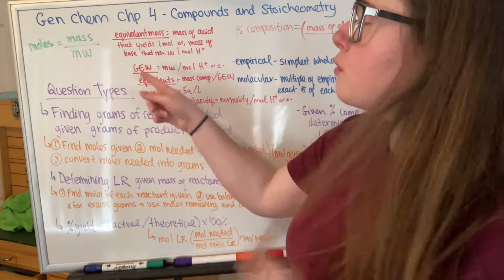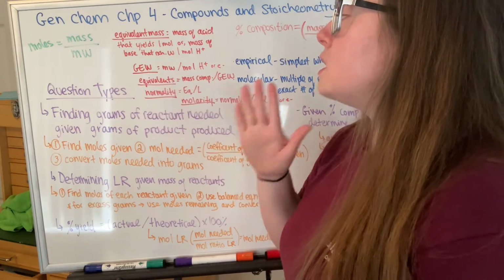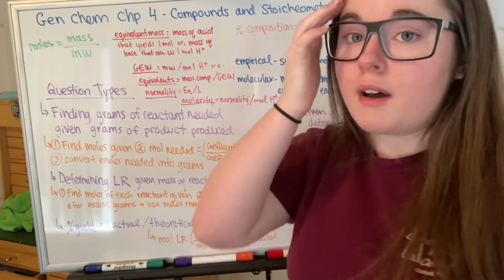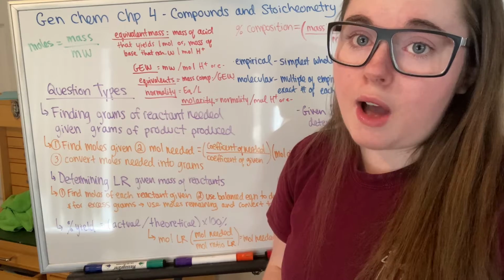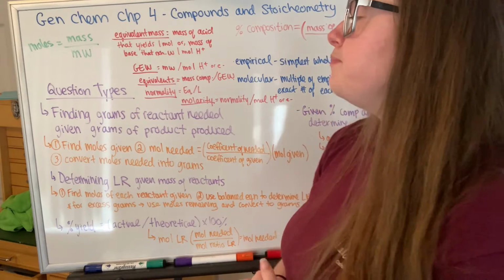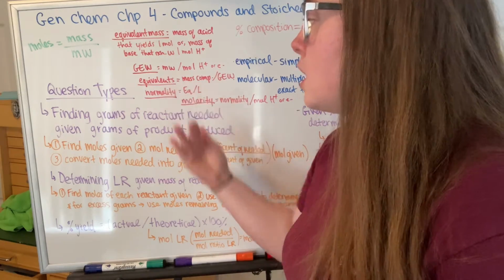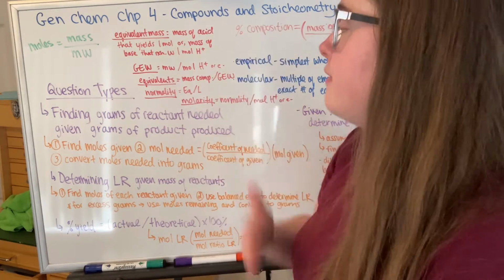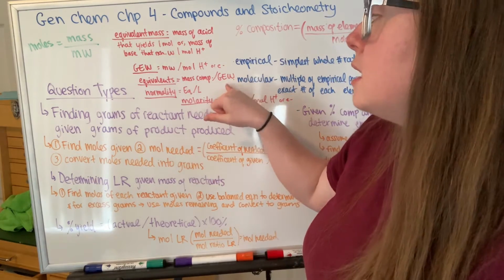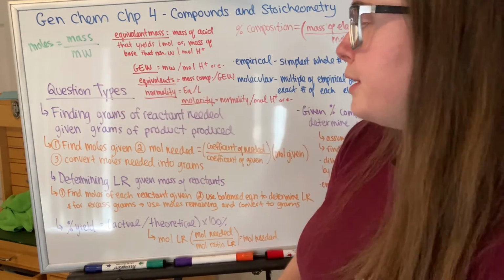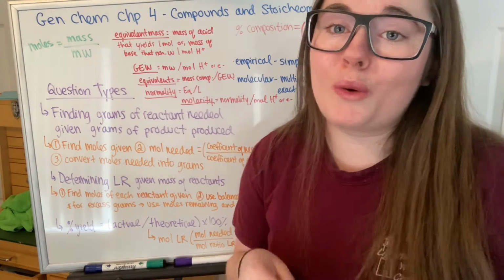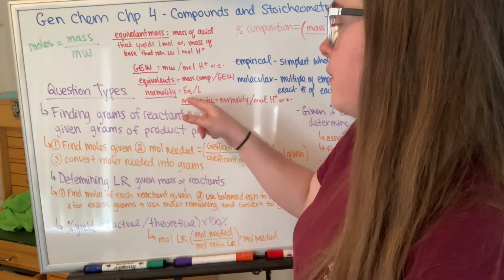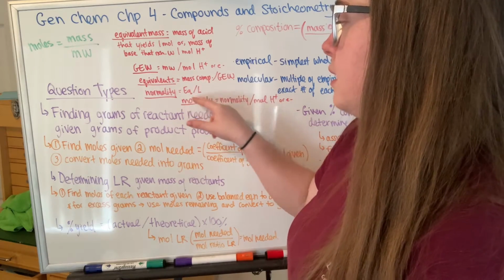And then we have the gram equivalent weight, which is the molecular weight divided by the moles of H plus or electrons. We have equivalents, which is the mass of the compound divided by the gram equivalent weight. Then we have normality, which is the equivalents divided by the liters.